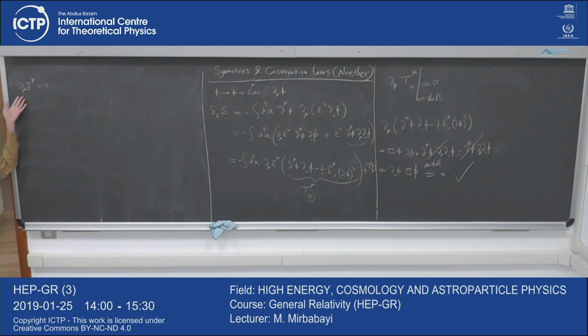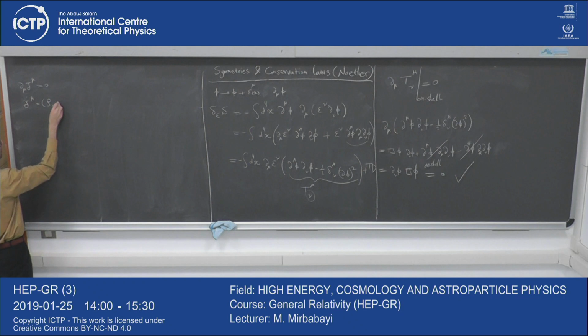The way to think about this equation, if we break Lorentz, is to write this J mu as a density and a space current.